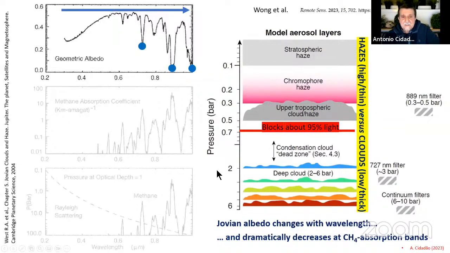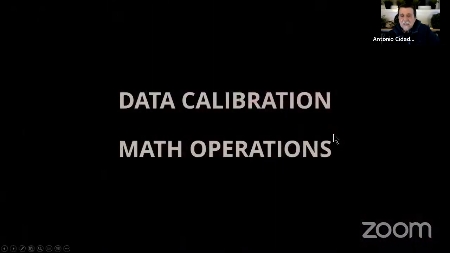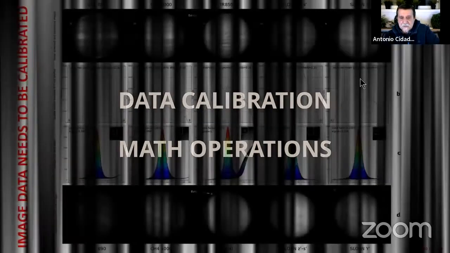So everything that characterizes the various methane bands, the various differences in albedo that result from imaging on these bands, needs data calibration in order to subsequently produce math operations between individual filters.